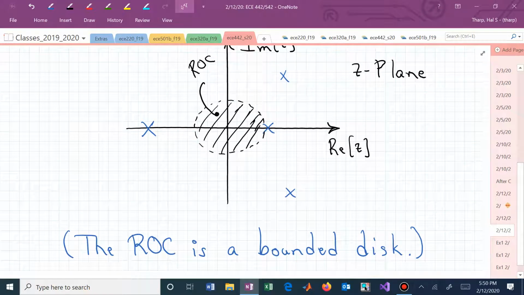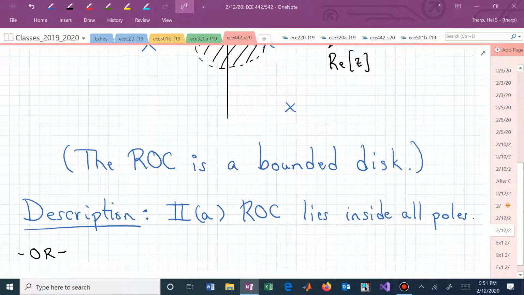So the region of convergence is a bounded disk. What are some ways that we could word that? We could say region of convergence lies inside all poles. That's one way of saying it.